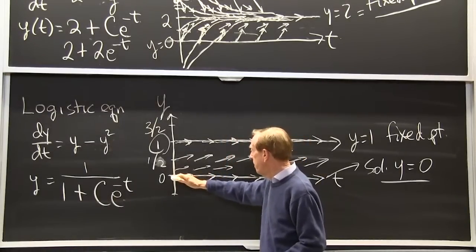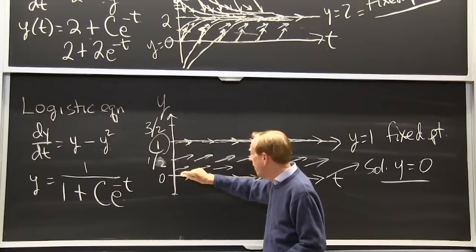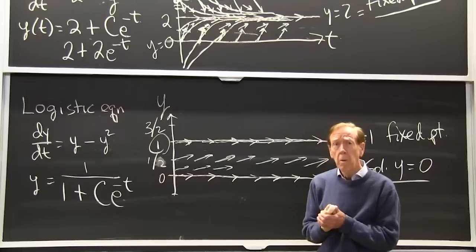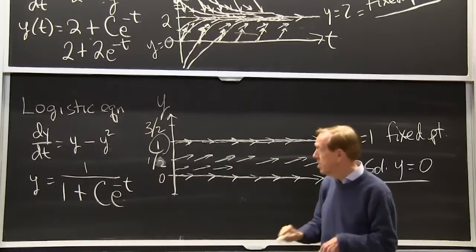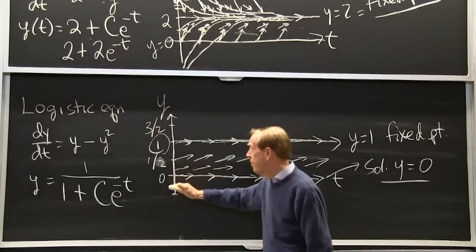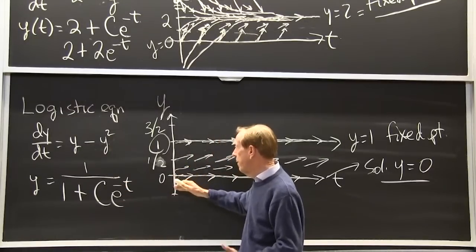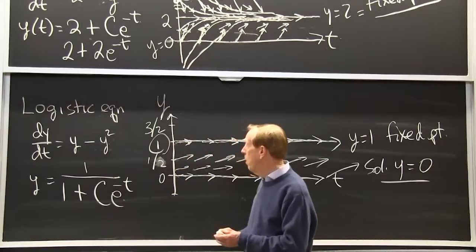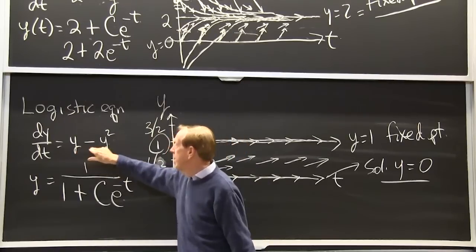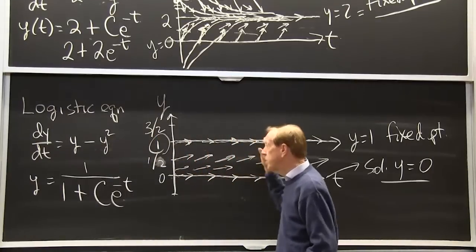If it just starts a little above 0, what happens to the solution that starts a little bit above 0? It climbs, because if y is between 0 and 1, then y is bigger than y squared. And the slope is positive, and it goes up.